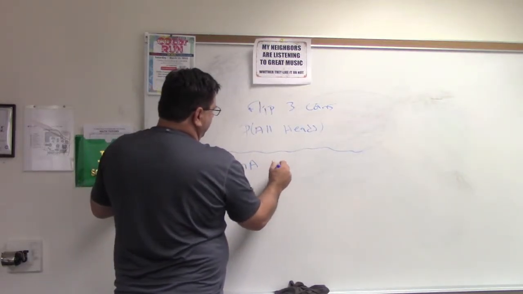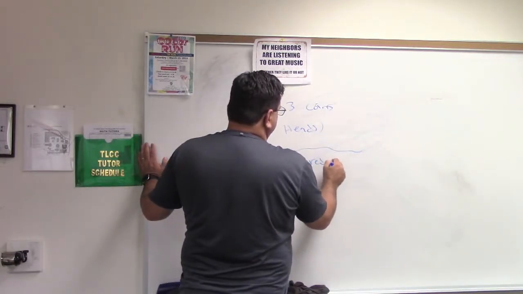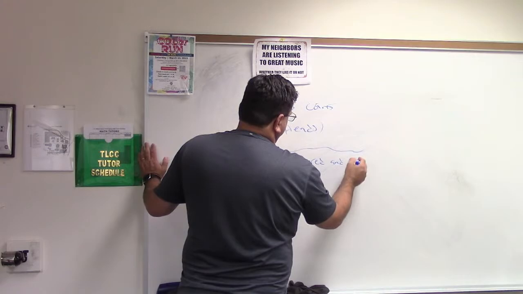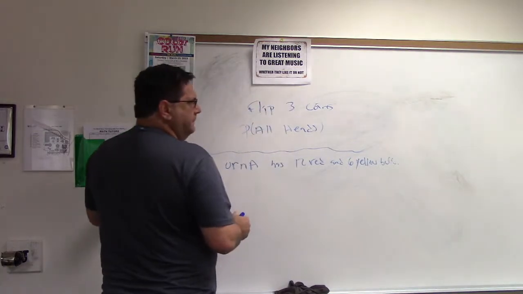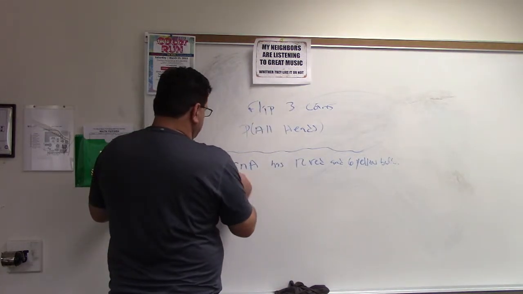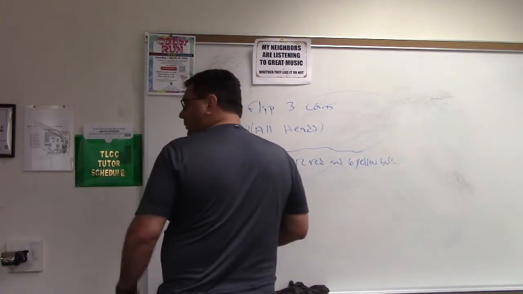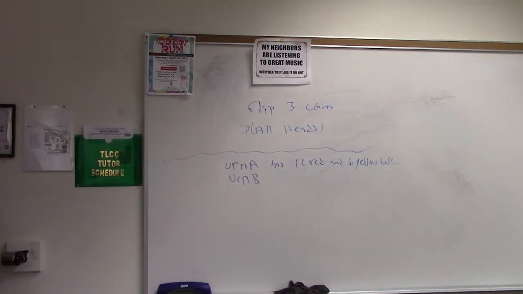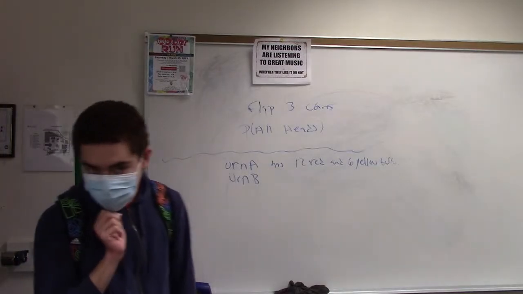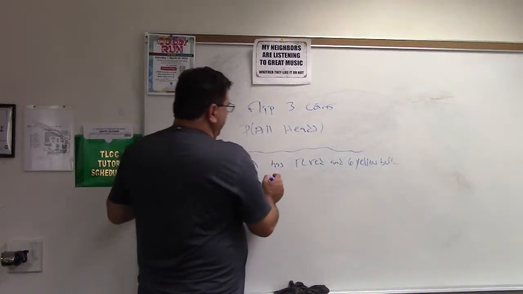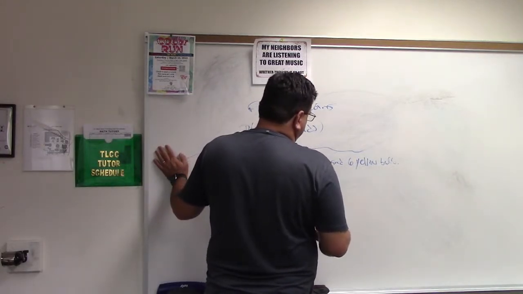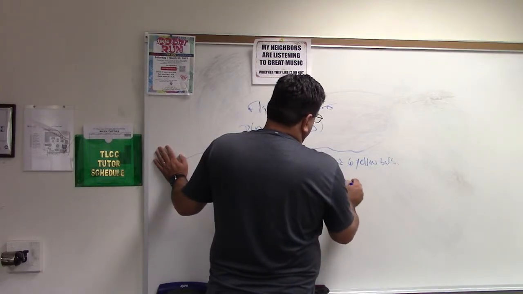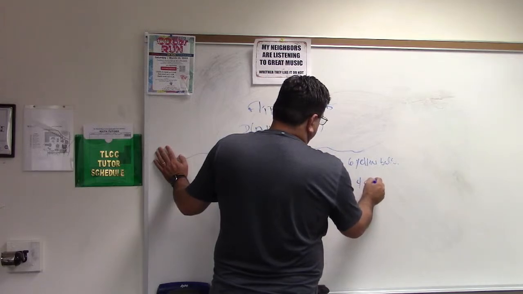Urn A has 12 red and 6 yellow balls. Urn B has 5 red and 4 green.